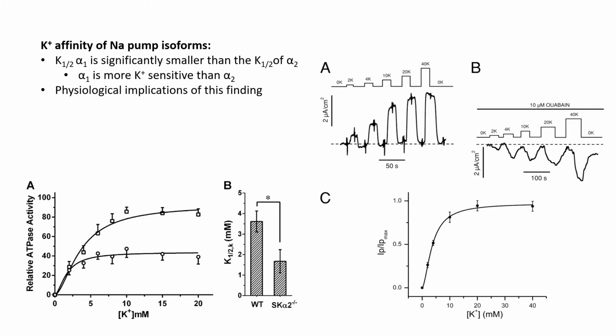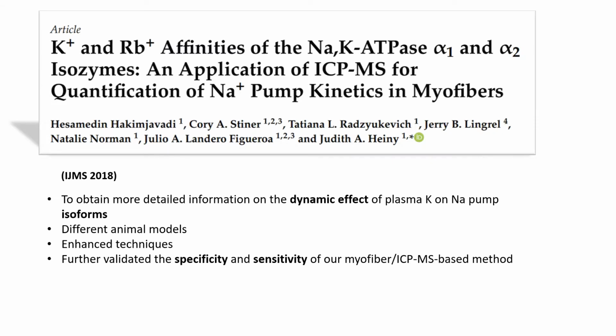One major finding was that in terms of potassium affinity, the K-half of alpha-1 is significantly smaller than the K-half of alpha-2, which means alpha-1 is more potassium sensitive than alpha-2, and I will explain the physiological implication of this finding later in this presentation.